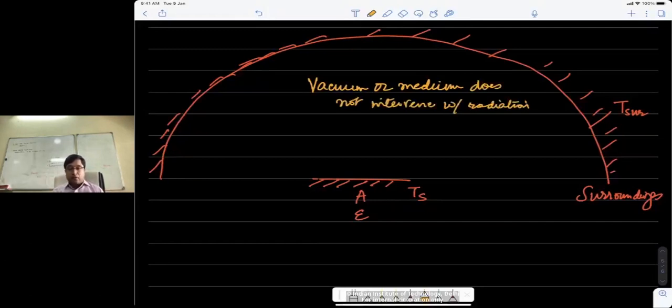So whatever emission leaves from one surface goes to the other one. Whatever goes from the other one comes to this one. So the enclosure is much larger. You remember this. The surface is small as compared to the enclosure.